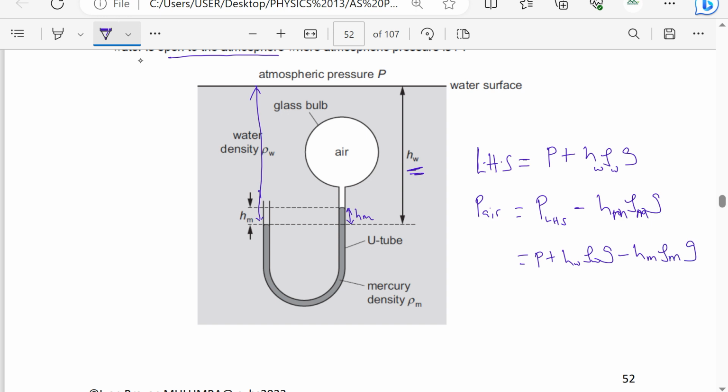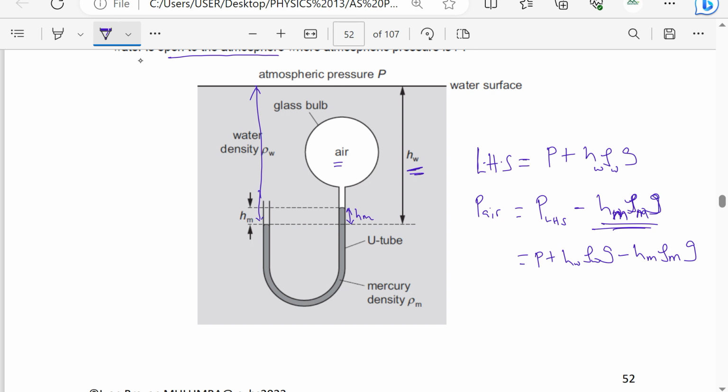So I don't know whether this is clear. If I want the pressure due to the air here, I must get the pressure on the left hand side minus the pressure due to the liquid, because the pressure on the left-hand side is above the pressure due to the air by the pressure due to this height here, which is given by height of the material, density of the material, then times g.